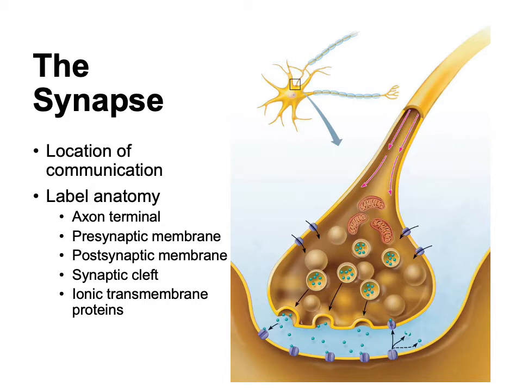Then the receiving neuron would have what's called the postsynaptic membrane. And within the membranes of both the postsynaptic membrane and the presynaptic membrane, there are ionic transmembrane proteins or transporter proteins within the membrane itself.